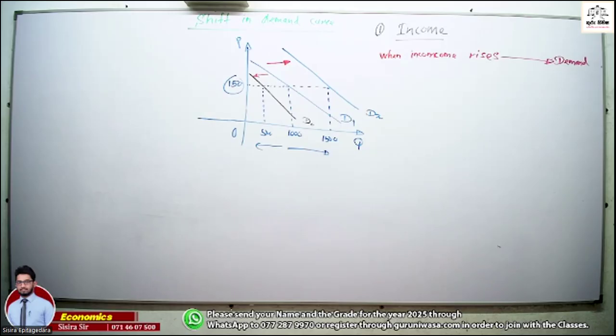But there are some certain goods for which, when income rises, demand decreases. Another example: when people are getting rich, they reduce the demand for some products. Tell me one example.